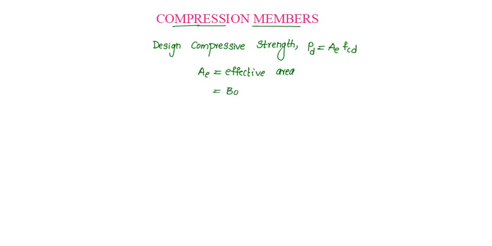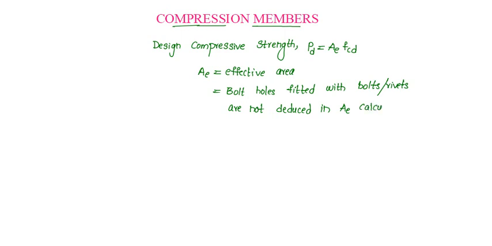Bolt holes fitted with bolts or rivets are not deducted in effective area calculation, unlike tension members in which the bolt holes are reduced in effective area calculation.